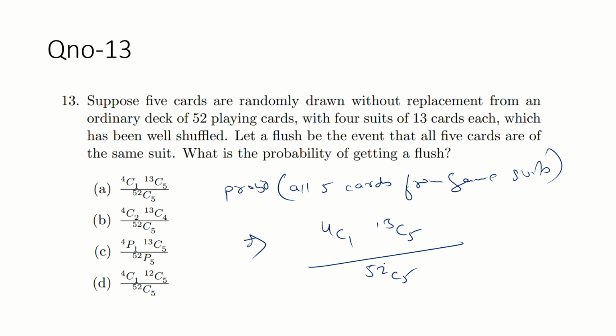That is the total probability, the favorable outcomes divided by the total outcomes. So we will get the probability of getting a flush.